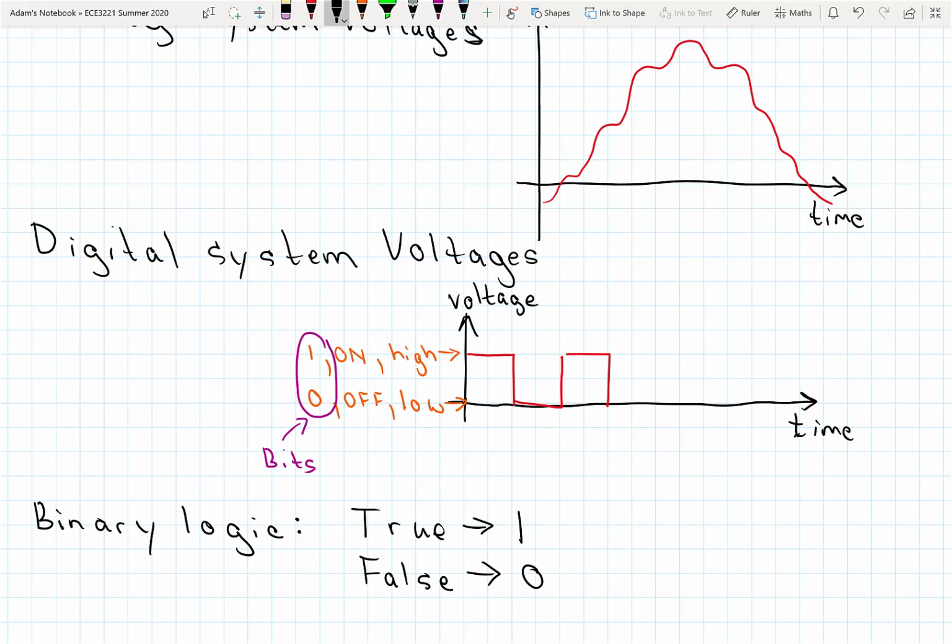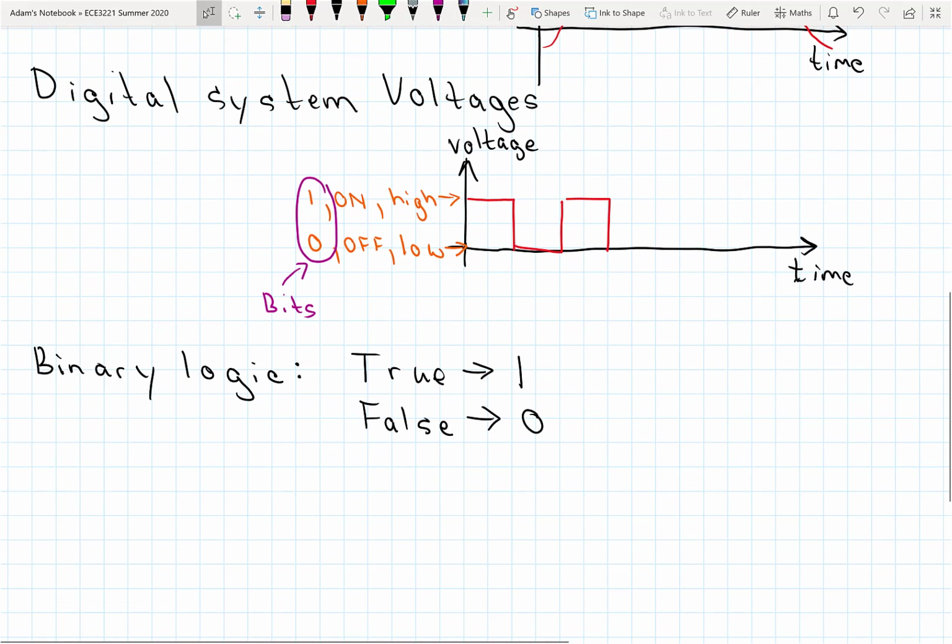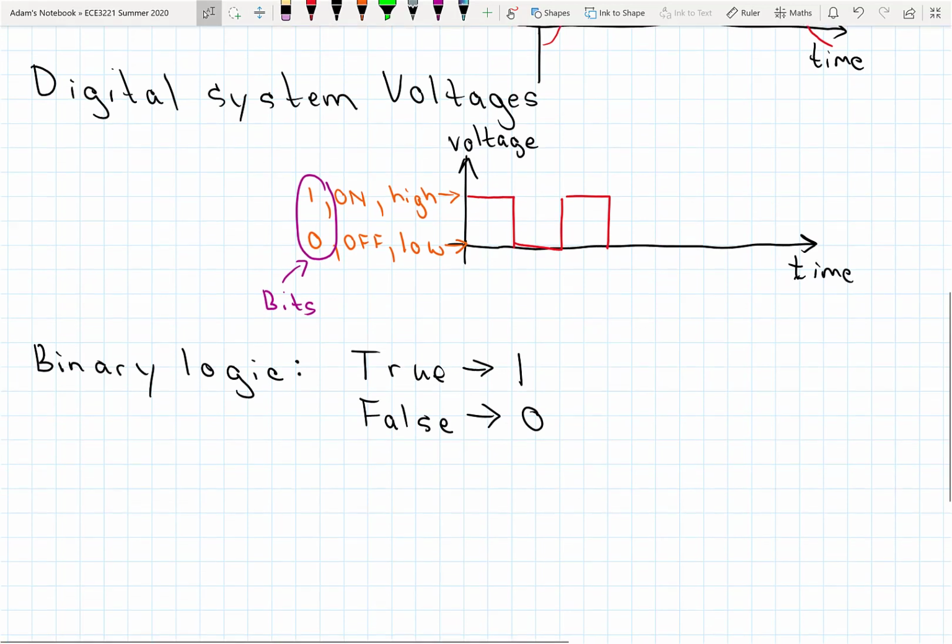Okay, so with a single bit, non-zero simply means 1, but as we get more and more bits, they don't necessarily all have to be equal to 1 for the condition to be considered true. Okay, so we'll come back and revisit that.